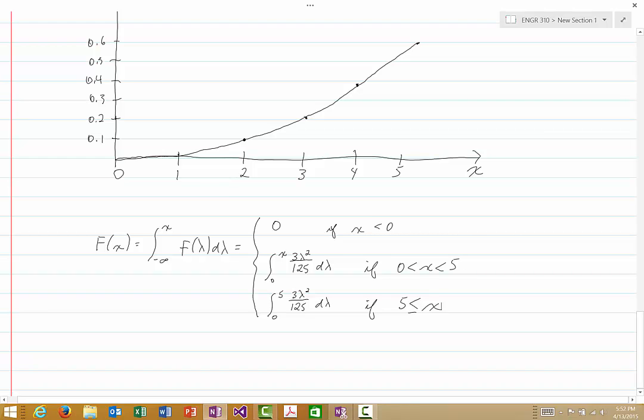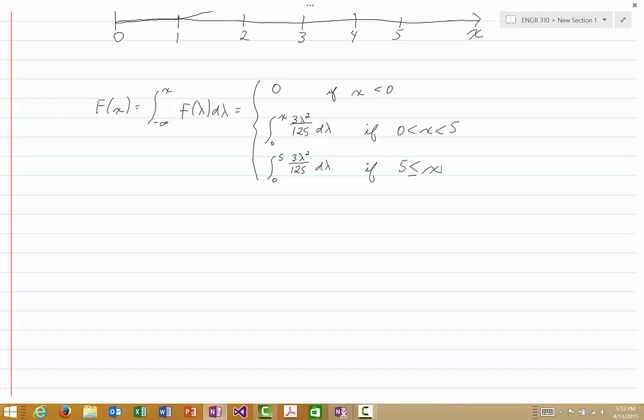And so that's why for the third line, when x is greater than or equal to 5, capital F just becomes the integral from 0 to 5 of 3 lambda squared over 125 d lambda. But if little x is somewhere in between 0 and 5, then we want to integrate simply from 0 to x. We only want that part that is less than or equal to x. And so this would be our expression for capital F of x.